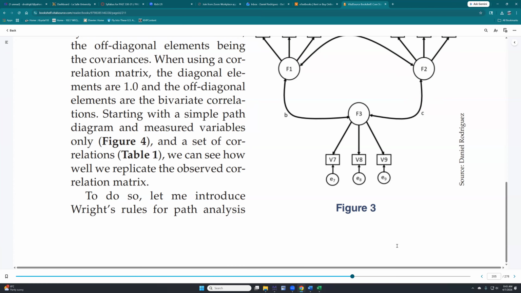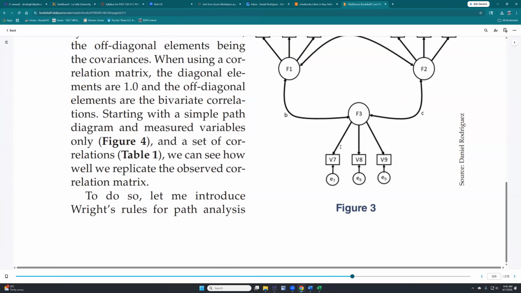I have my figure, and my figure has these path coefficients, and I'm going to trace from that model and create a correlation matrix. And I'm going to see how well that correlation matrix that I created from my model fits the observed data correlation matrix. And that's really, really cool.